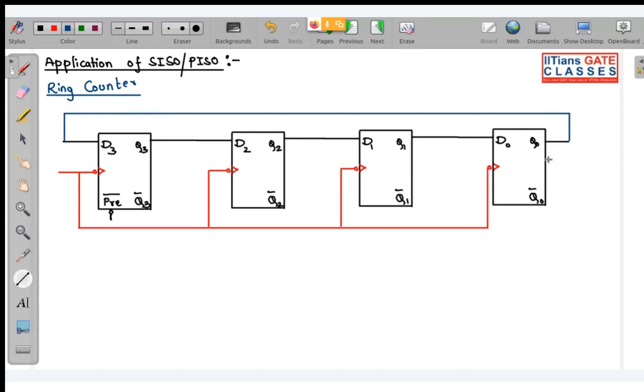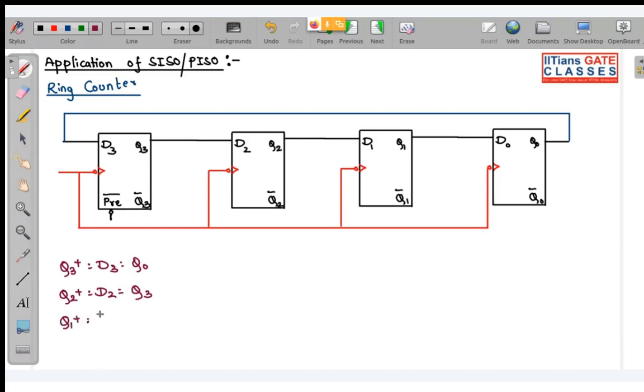Okay. Now if you have to write the next state equation, because these are synchronous counters, Q3 plus is equal to D3, which is equal to Q0. Q2 plus is equal to D2, which is equal to Q3.